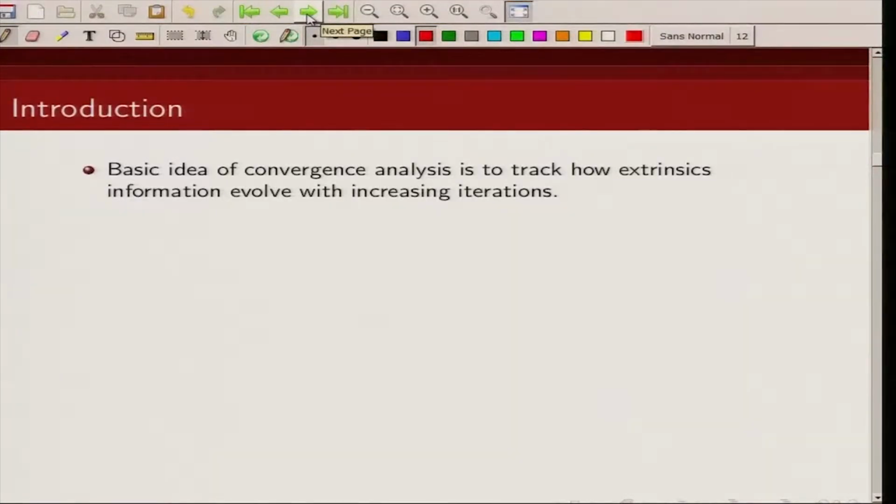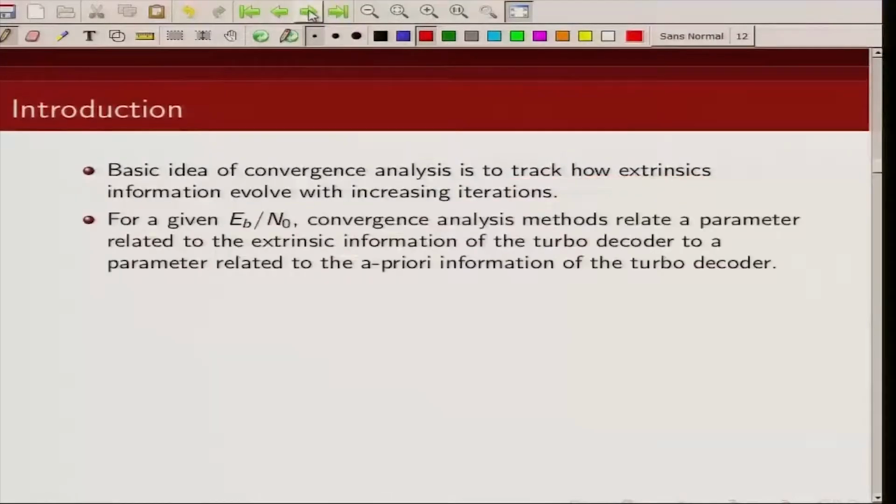The basic idea of convergence analysis of turbo code is to track how the extrinsic information evolves with increased iteration. If you feed in a better a priori value, how does your extrinsic information evolve?